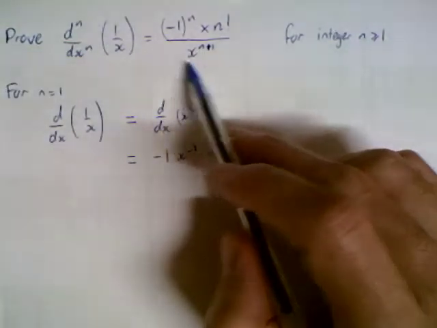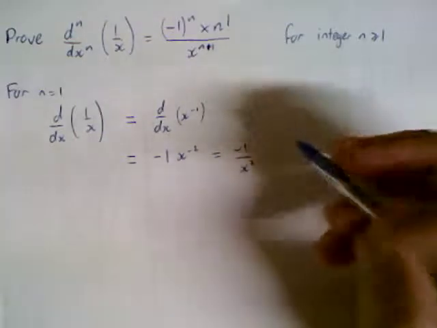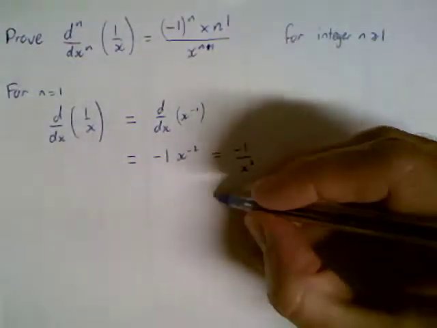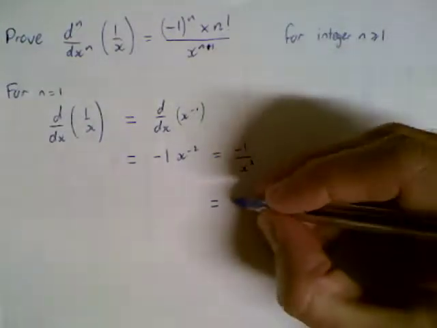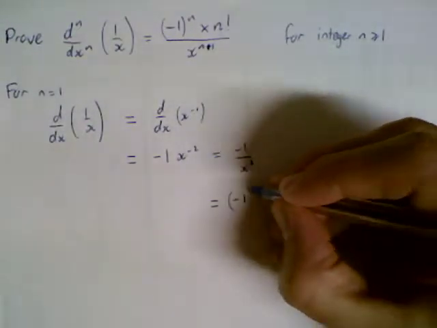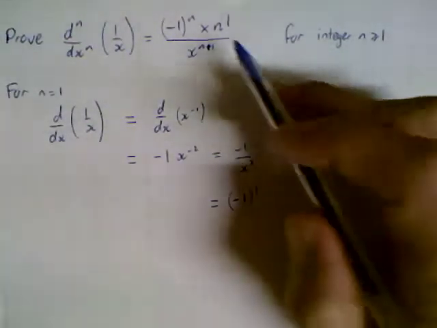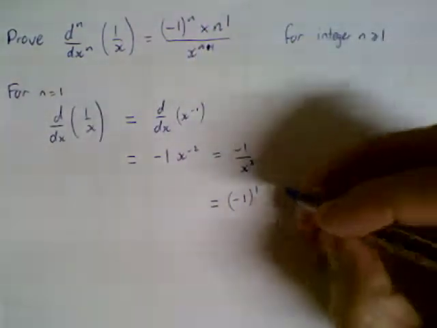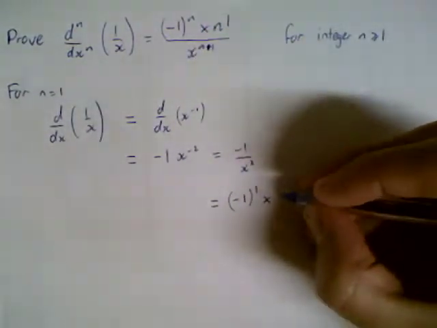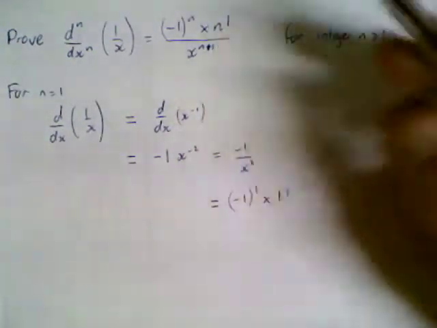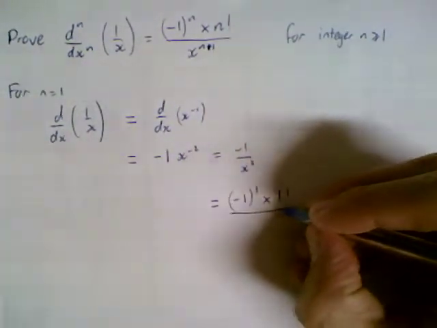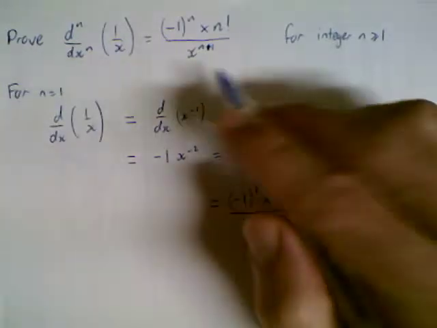Now we want to make sure that this expression is true. In other words, it's equal to this right hand side here. So let's just rearrange this a little bit. We can write this negative 1 as (-1)^1, in other words, n is equal to 1 here, and times 1 factorial, over x to the n plus 1.